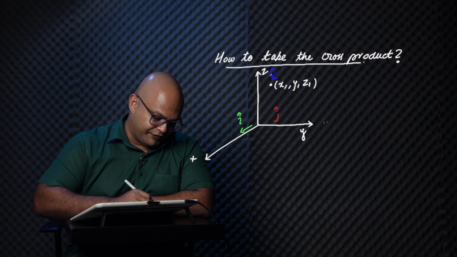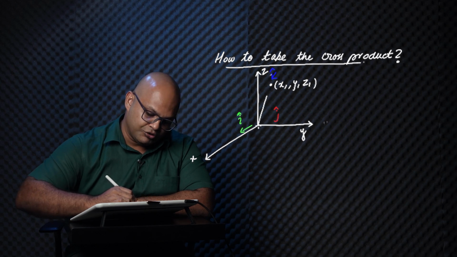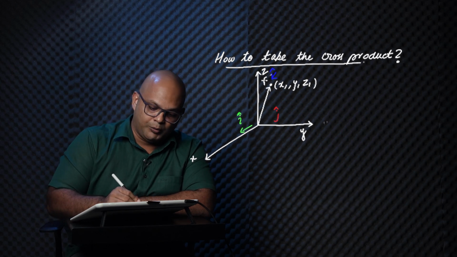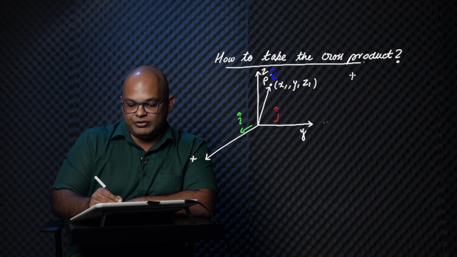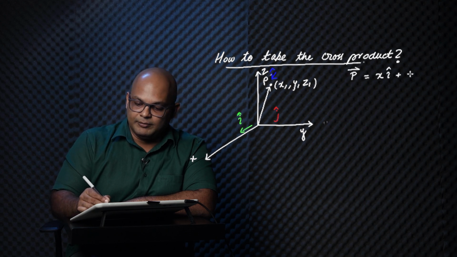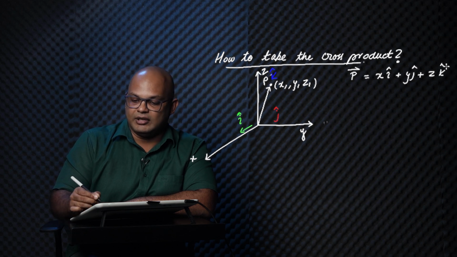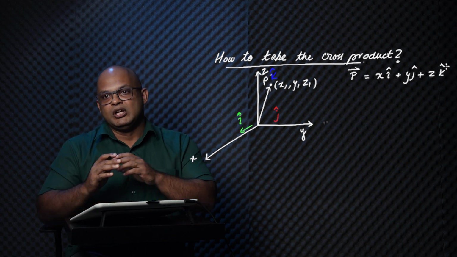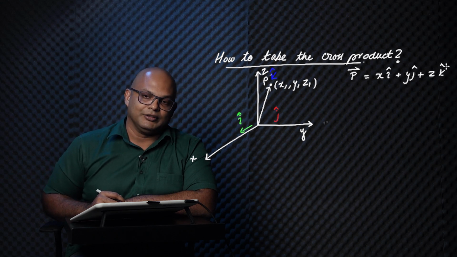If I were to draw a vector from the origin to this point, let's call this point P, the vector equation would be x times i cap plus y times j cap plus z times k cap. This would be the vector equation for this position vector.